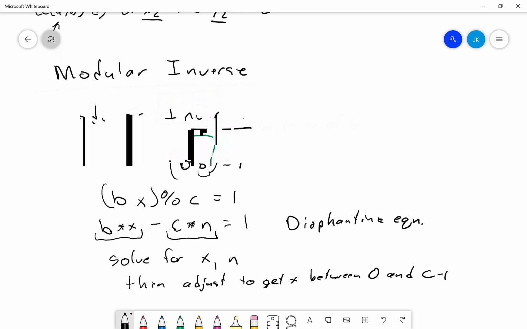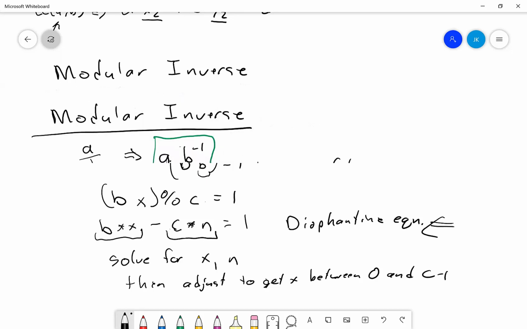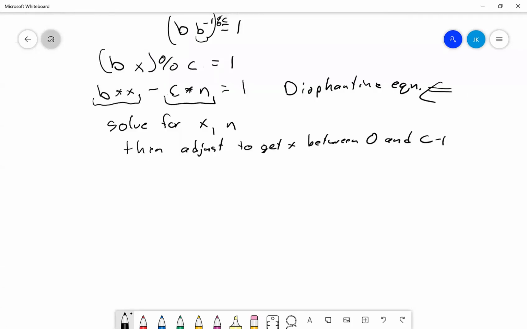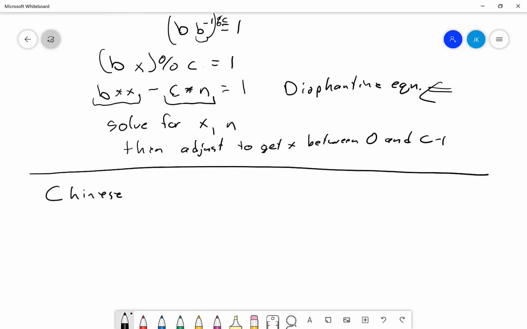So to compute the modular inverse, we solve a Diophantine equation and do the adjustment just like before, and that lets us do division, or the equivalent of division, even under modular arithmetic.